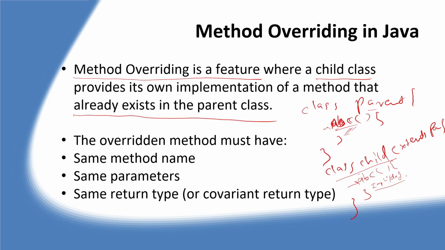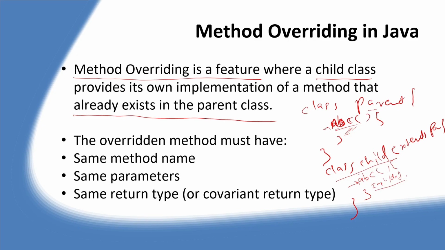Okay, so let me quickly revise. We have one parent class and one method called ABC in the parent class. Now the child class extends the parent class, which means it is inherited from the parent class. So whatever methods the parent class has can be accessed by the child class.